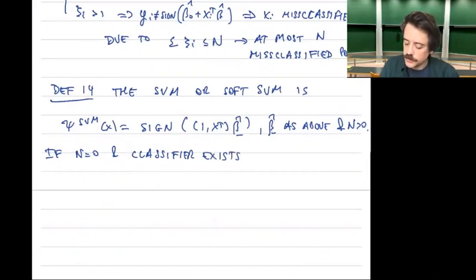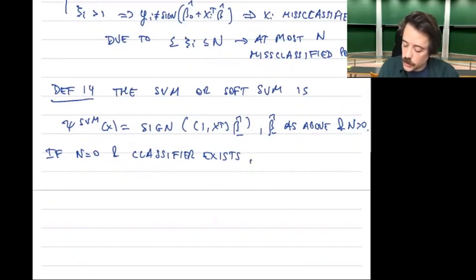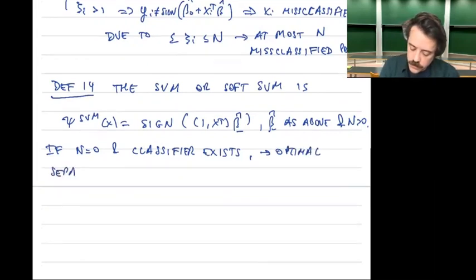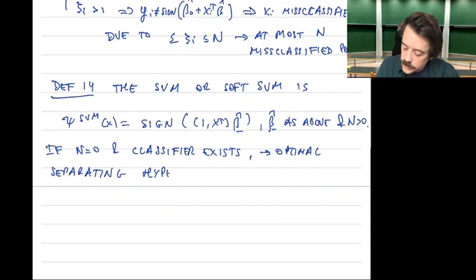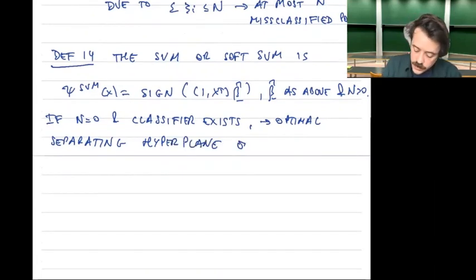Because we may not have perfect separation. Then we call this the optimal separating hyperplane, or hard margin SVM.